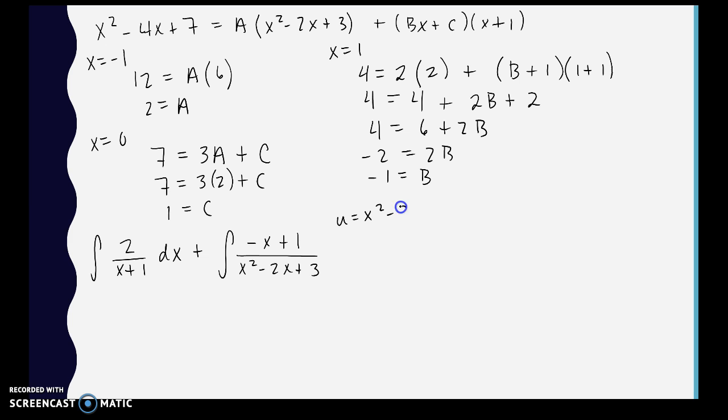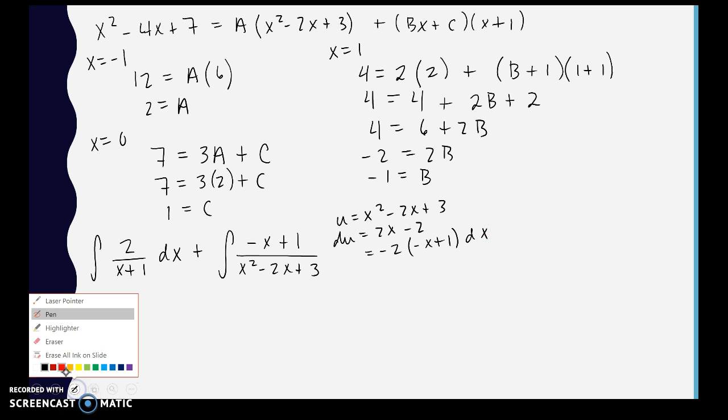All right, let's look for a U substitution here. So du will equal 2x minus 2. Now notice what I have here already. So if I think about factoring out a negative 2, that would give me negative x plus 1 dx. Okay, so a U substitution will work here as well.